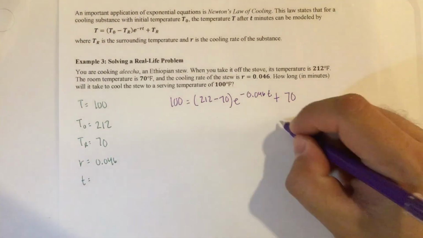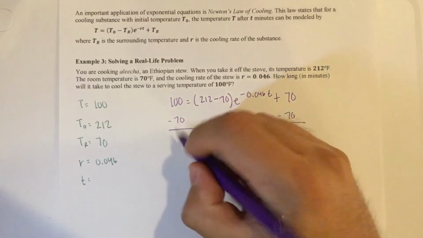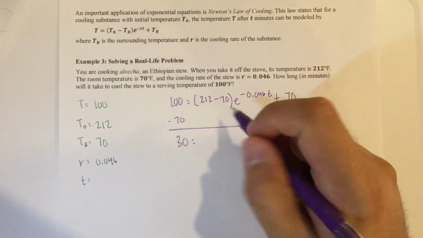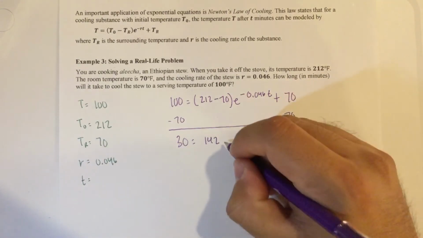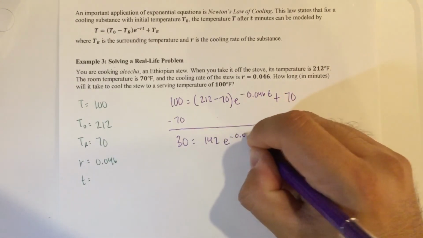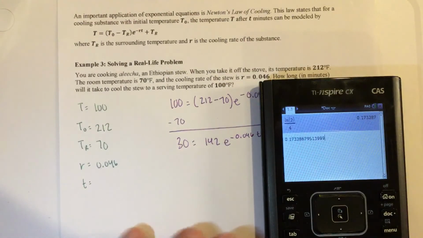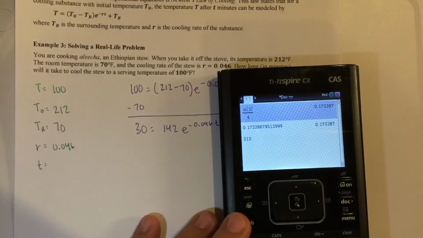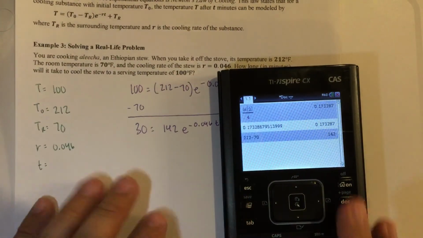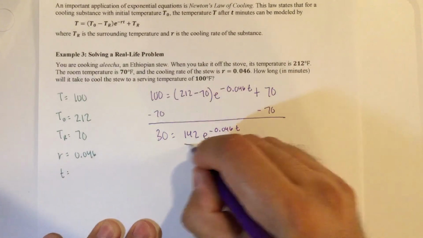So I'm going to subtract the 70. Addition or subtraction first. So 30 is equal to 212 minus 70, which is 142, times e to the negative 0.046 t. From here, we're going to divide both sides by 142 to isolate the e.